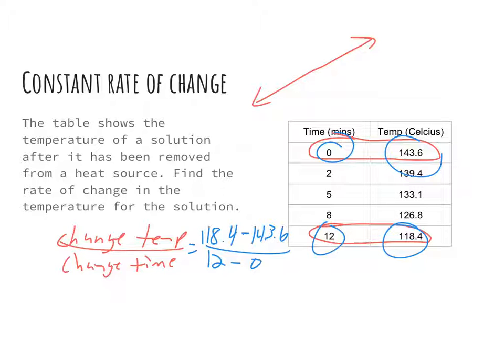So 118.4 minus 143.6 gives us a negative 25.2. 12 minus 0 is 12. And if we divide that out, we get that it's about a negative 2.1.